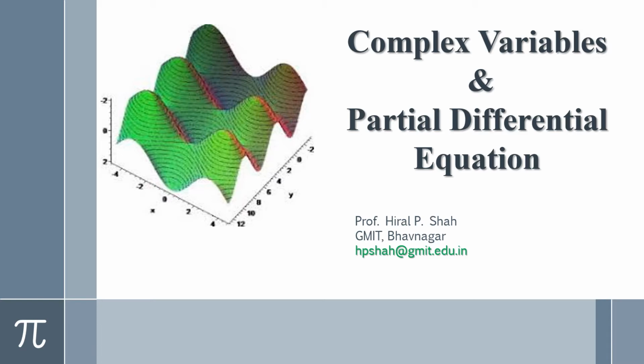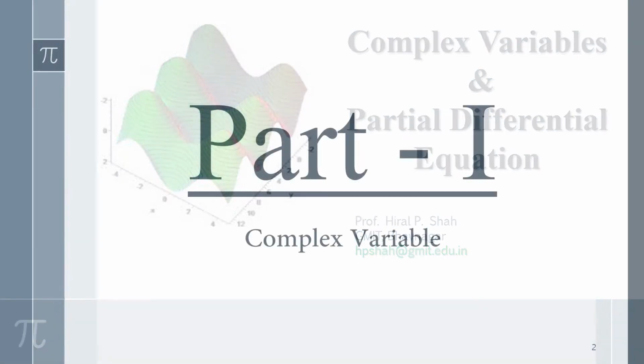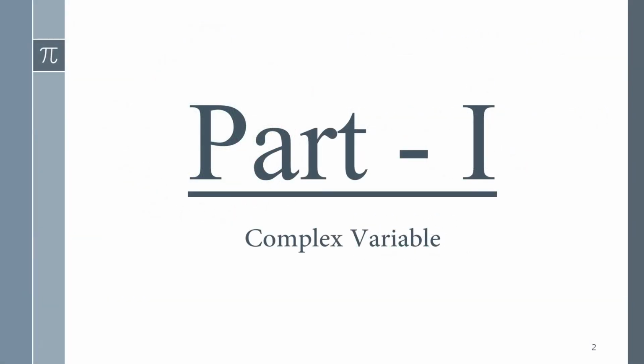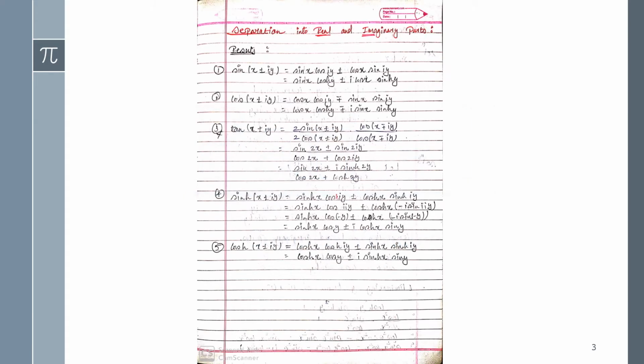In this session I'm continuing with the similar topic of complex numbers with the circular and the hyperbolic functions. So let's start with part 1, and the name of the method is separation into the real and the imaginary parts.